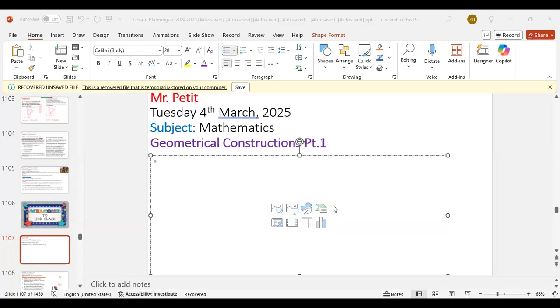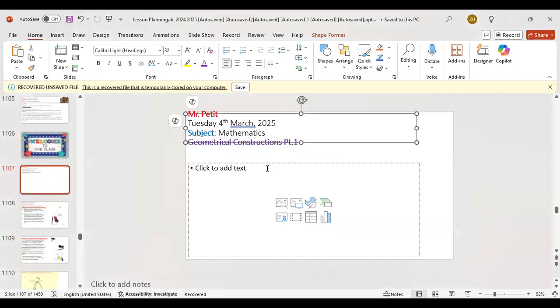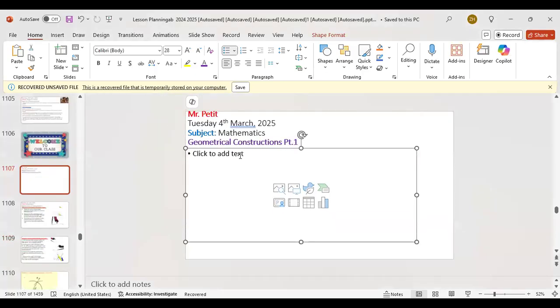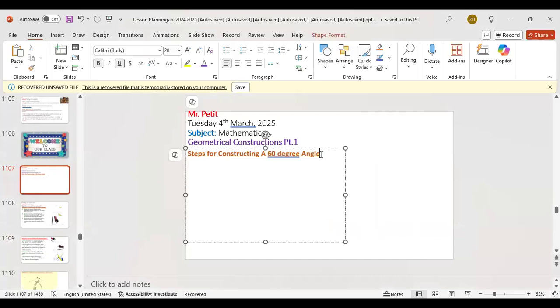So that's what we're going to learn: the steps to constructing a 60-degree angle. The first step, and I want you to write this down, is that we have to mark a vertex on our paper, anywhere on the paper, and we're going to call this point M.